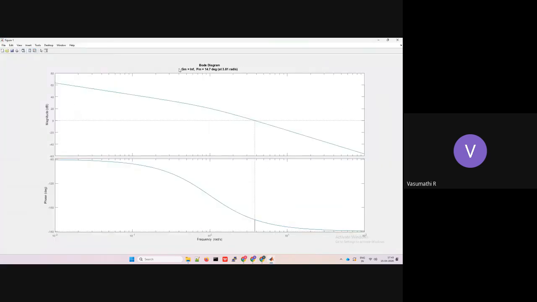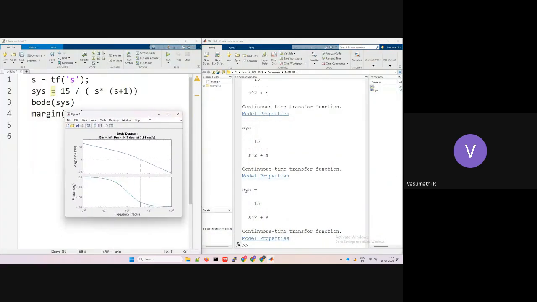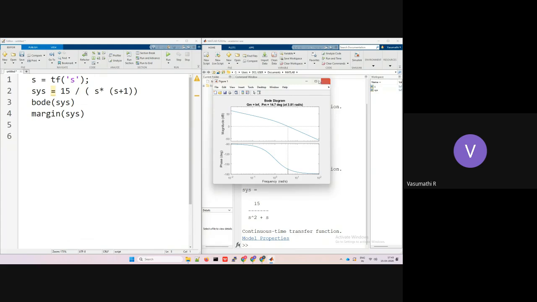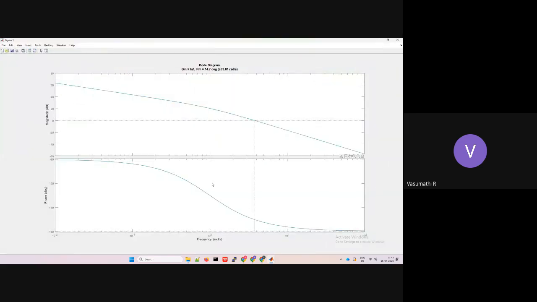Yeah, you will get it here. So if you put margin of system like this, you will get the phase and gain margin at the top of the figure. You can paste this image in your design assignment 2. So design assignment 2 will be based on the compensator design. Right. Now we found the phase and gain margin.